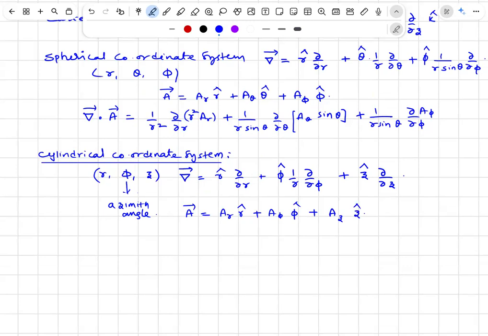Now when you apply divergence to this, del bar dot A bar is equal to 1 by r dou by dou r of r times A r, plus 1 by r dou A phi by dou phi, plus dou A z by dou z.